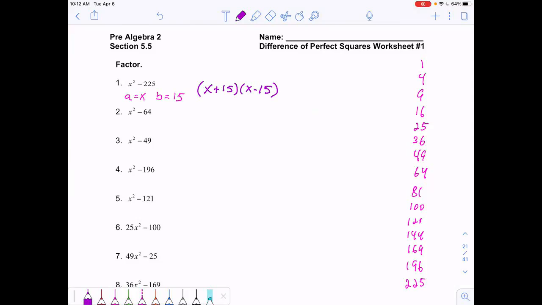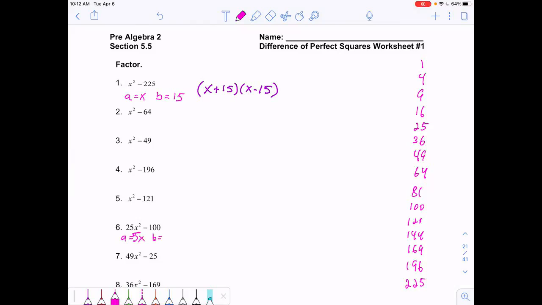Let's jump down to number 6. Nikai, what's my A gonna be and what's my B gonna be for number 6? What number times itself gives you 25? Yeah. And then x squared, you take the square root of that, it's just x.